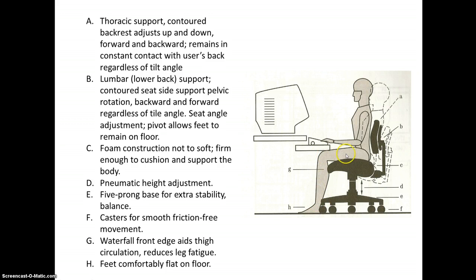Adjust your chair so this is a nice 90-degree angle. You don't have to sit up so straight that you feel like you've got a rod in your back. Sit comfortably. We don't want to hunch your shoulders over to your computer. We want to sit up comfortably straight, and this support needs to be in the small of your back. So adjust your chair to what is comfortable for you right now.